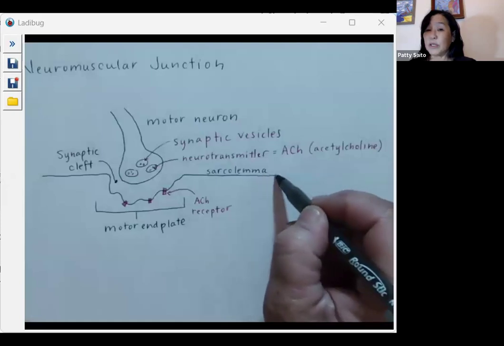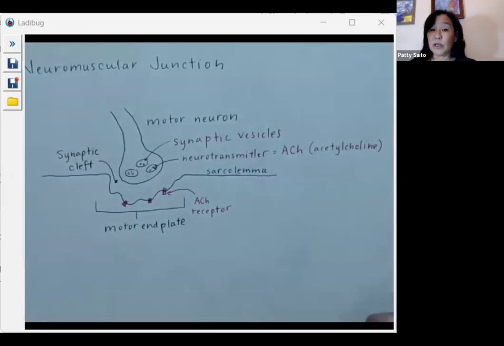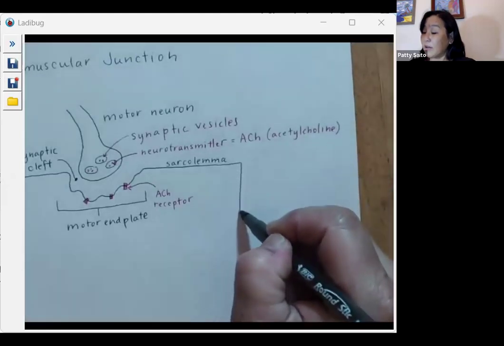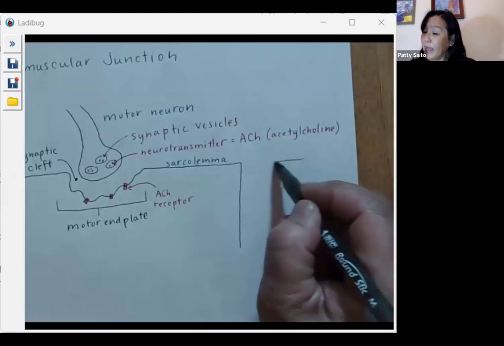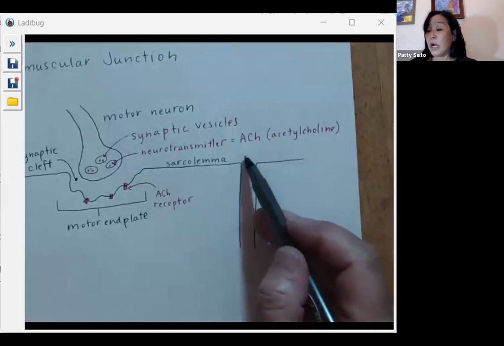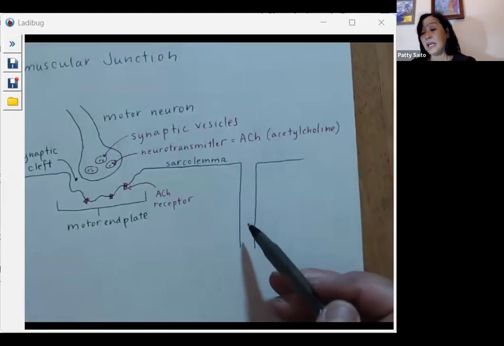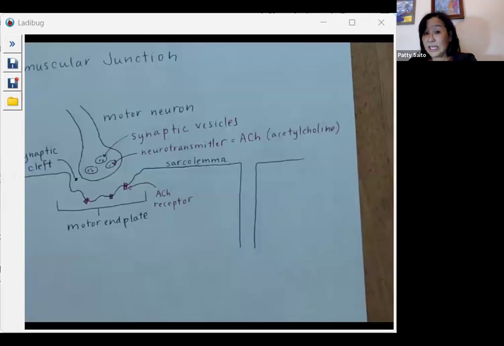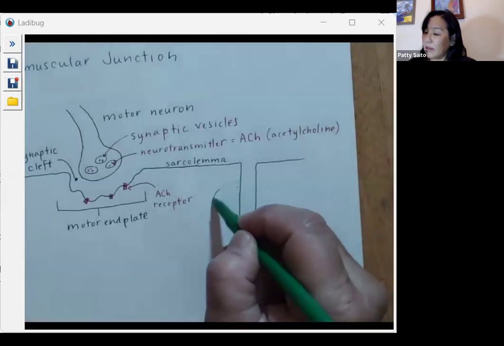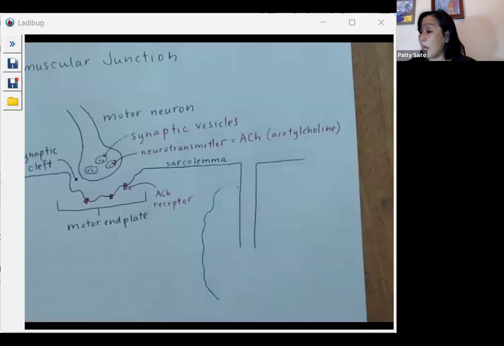But I'm going to continue the drawing here, and we're going to look at other structures within the muscle cell or muscle fiber. There are areas in the muscle fiber where it dips down into these pathways that lead to the inside structures. And within here, we have organelles, because it is a cell.